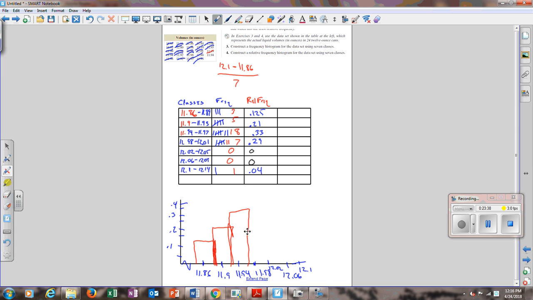Then 0.29. And 0, 0, and lastly 0.04. Okay, so there's our histogram for relative frequency.